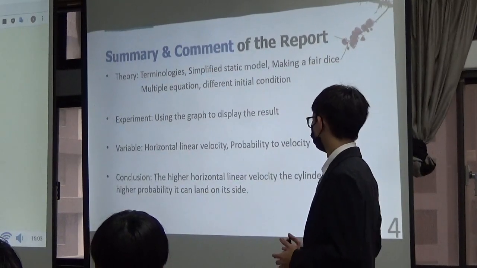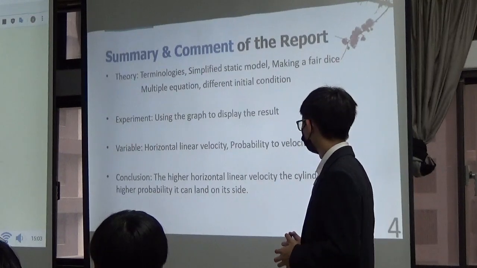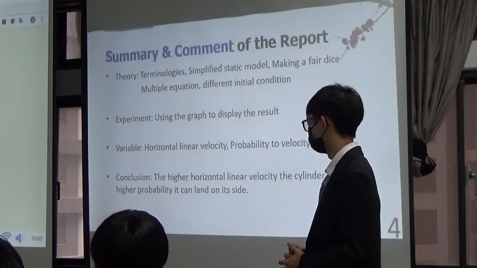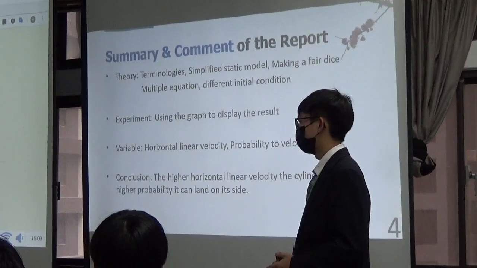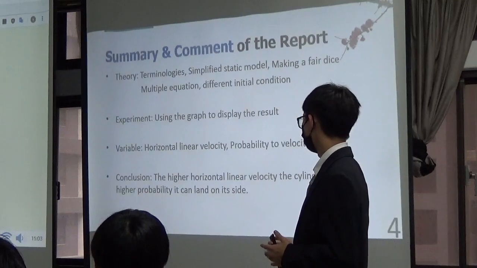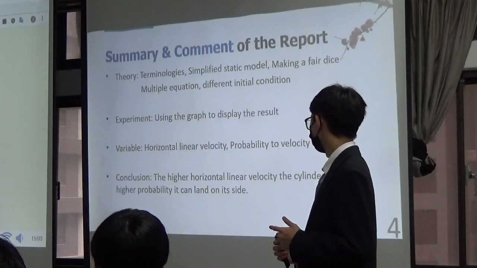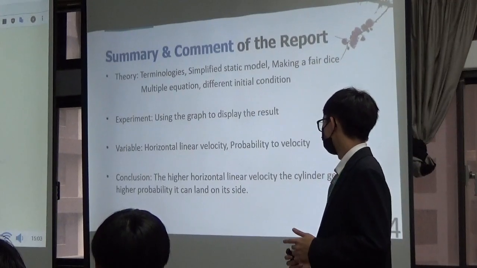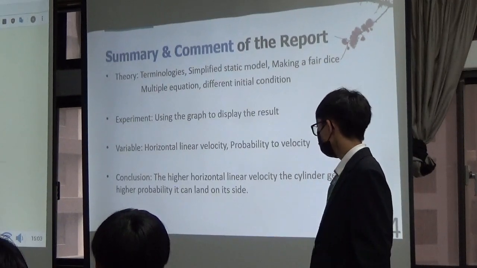He has some variables, like the horizontal linear velocity and the probability. And then the last is the conclusion. His conclusion is that the higher the horizontal linear velocity the cylinder gets, the higher the probability it can land on its side.